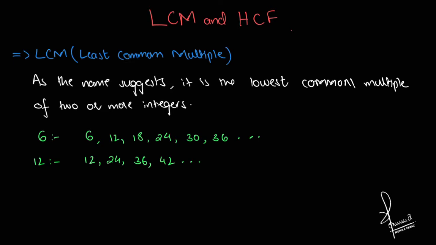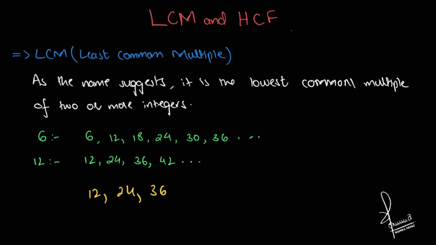So first I find the common multiples. 6 is a multiple of 6 but it is not a multiple of 12, so 6 is not a common multiple. 12 appears in both, so 12 is a common multiple. Okay, then 24 appears in both, so 24 is a common multiple. Then 36 appears in both, so 36 is a common multiple.